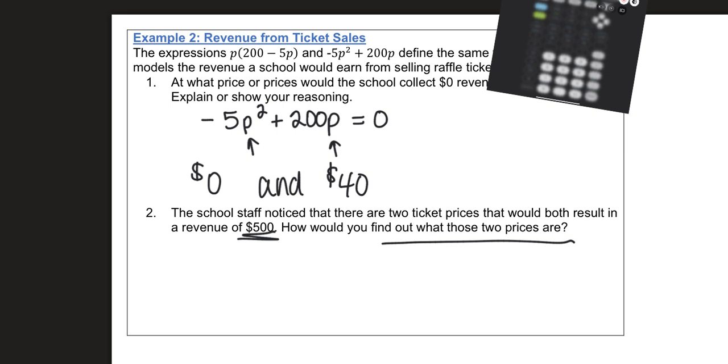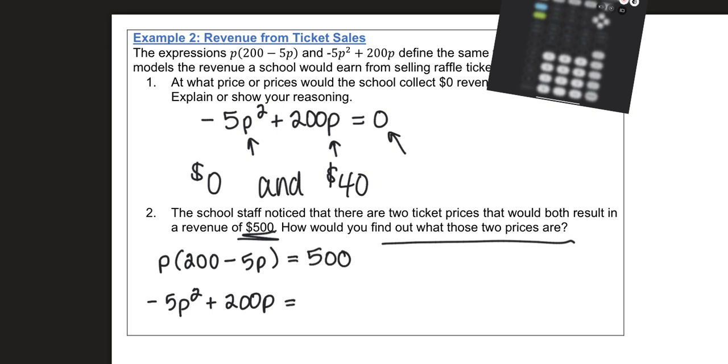We could take those equations that we have, p times 200 minus 5p and our other equation, negative 5p squared plus 200p, right? That's the same equation, just written differently. And similarly to how we set that equal to 0, we could set that equal to 500 and just try some different numbers and figure out when we will see 500.